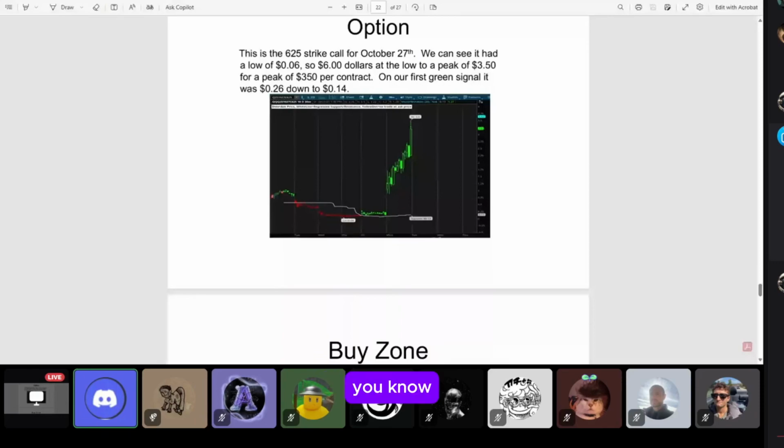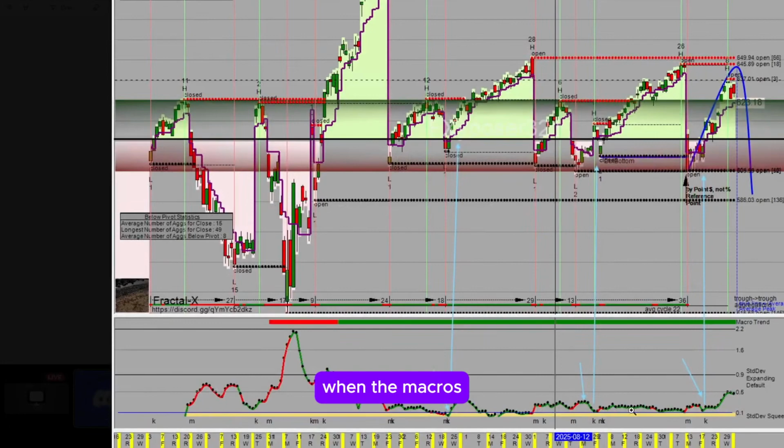If the macro is green, all the better. If it's red, I know the macro's red. I know it needs to flip to green. And some of the most potent moves, they're just crazy, is when the macro's red, we've got an M, we're below the pivot, we flip to a K, and the macro goes green.